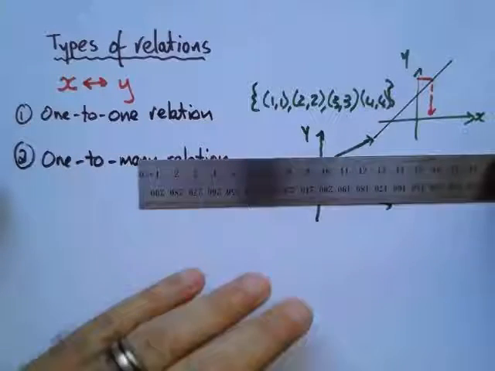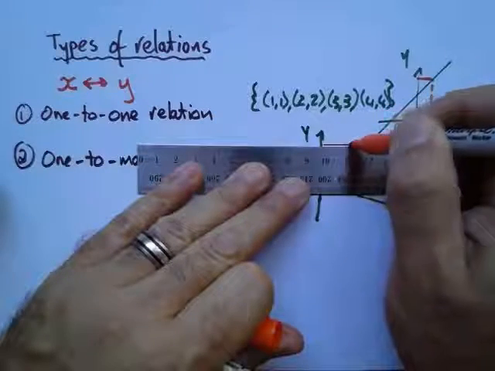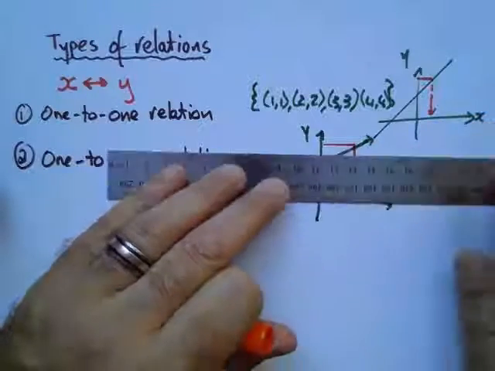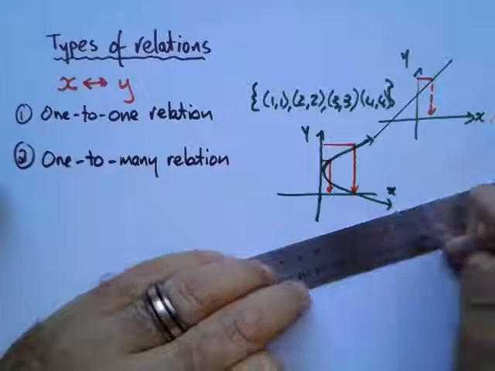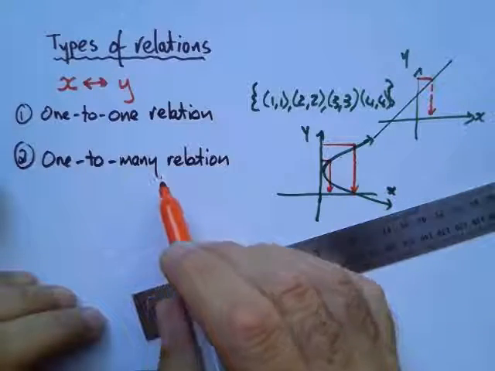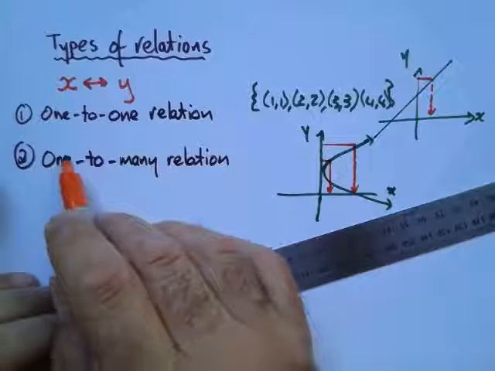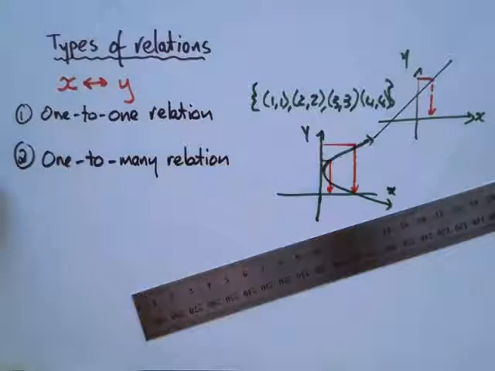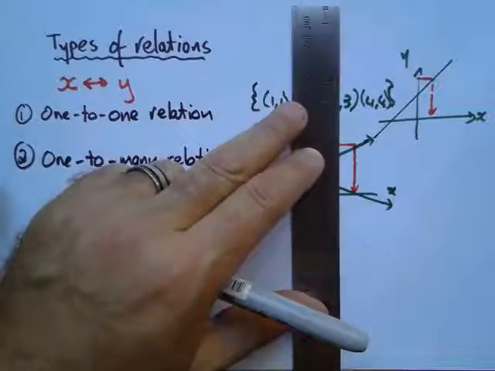So I'm going to start at y and see if any y value has only one x value. It doesn't matter where I go, for every y value, there's only one x value. Now, I'm going to see for every x value, oh, but look at what happens here.